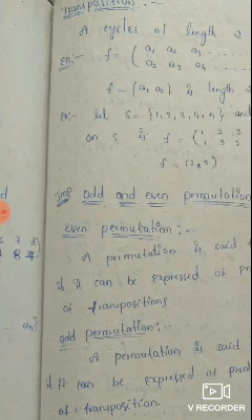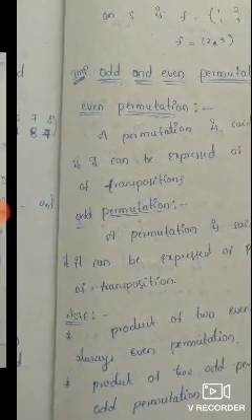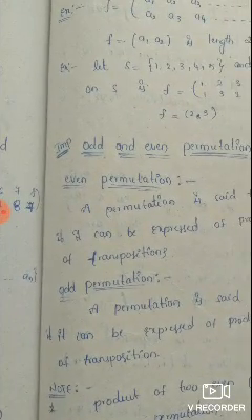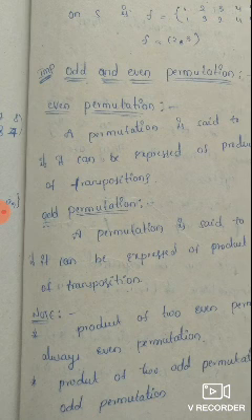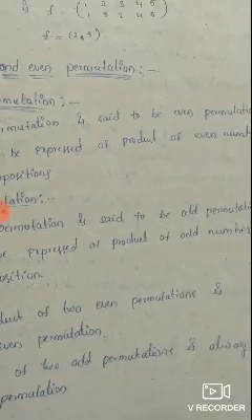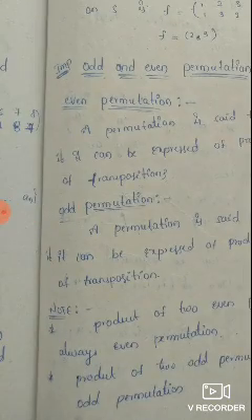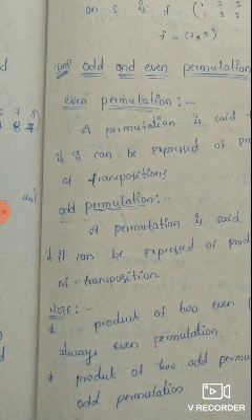Now here we are given some conditions. The product of two even permutations is even. The product of two odd permutations is always an even permutation. And the product of one even and one odd permutation is an odd permutation. And the identity permutation is always an even permutation. Like that we can find different kinds of permutations.